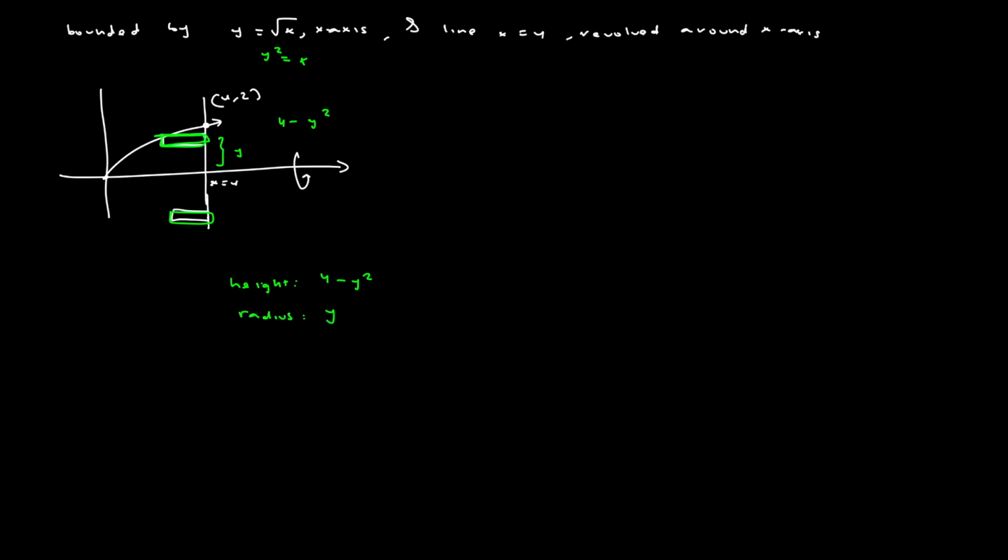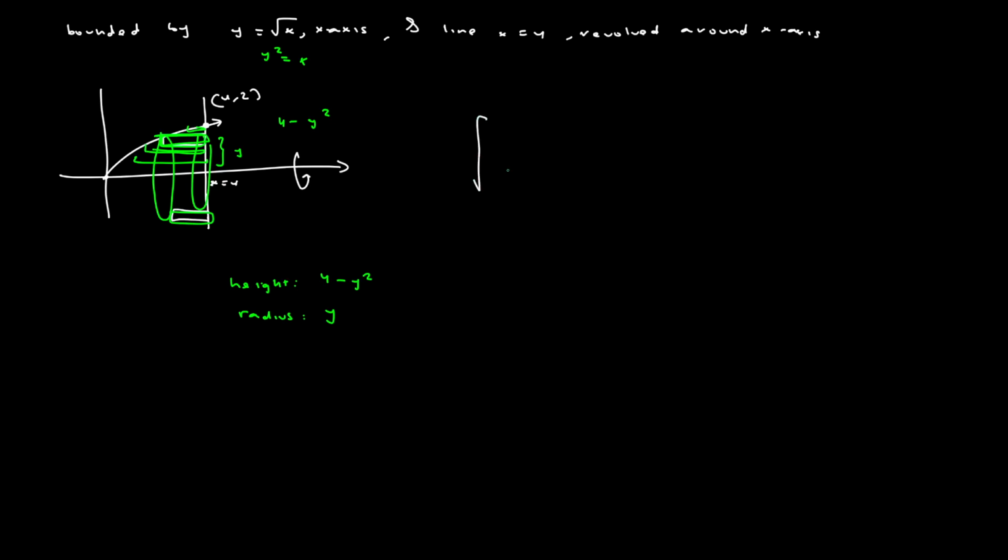And you can think about this as forming this little shell over here, and adding up all of these pieces of shells as I vary my y values will tell me the final volume of this shape. So I've come up with the radius, I've come up with the height. I just need to plug it into my shell formula.